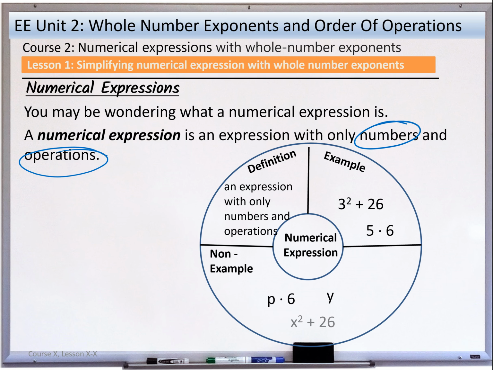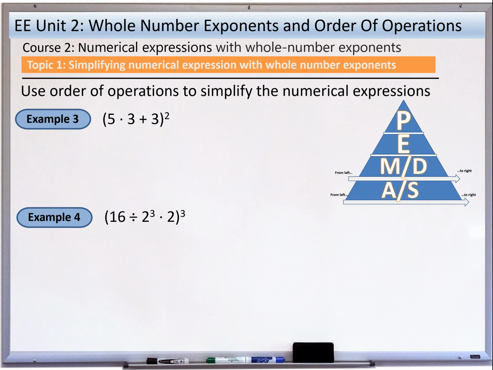Non-examples: if you remember back in third grade when you had missing factors, now this is a numerical equation, but you had p times 6 equals some number, right? We'll say 36. This right here by itself is an expression. So p times 6 is an expression, but it's not a numerical expression because it has an unknown factor or variable in it.